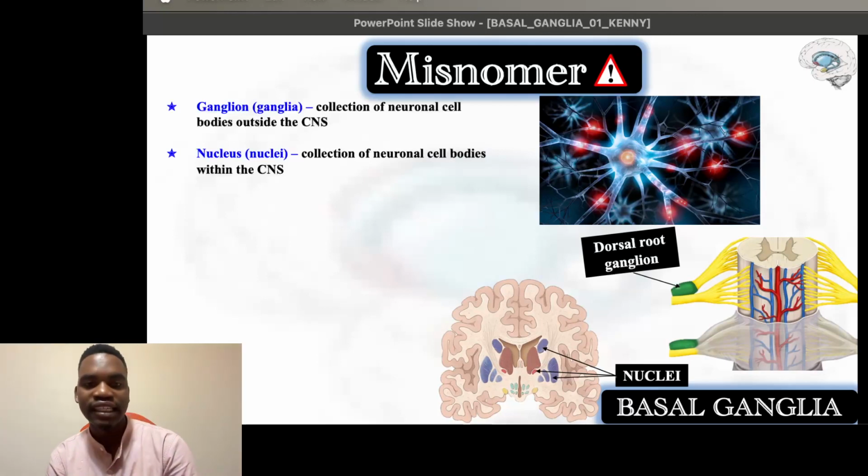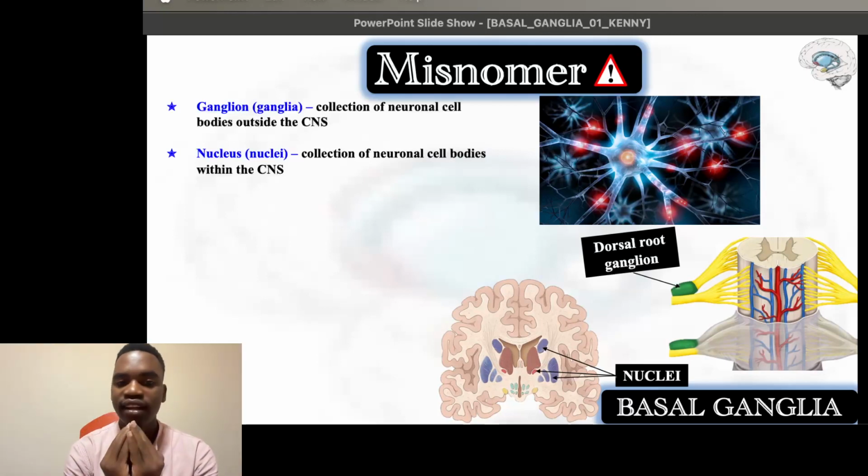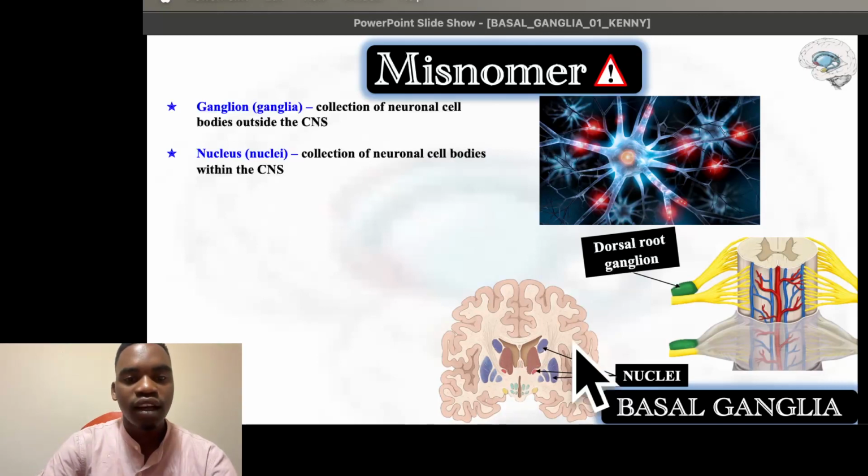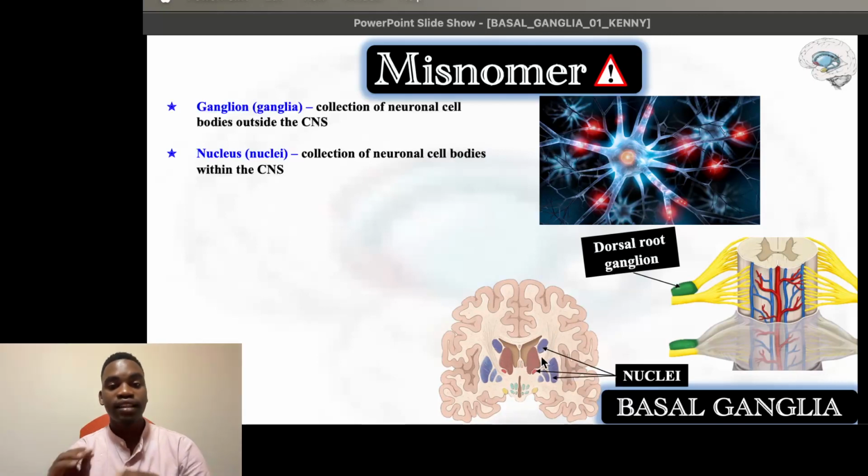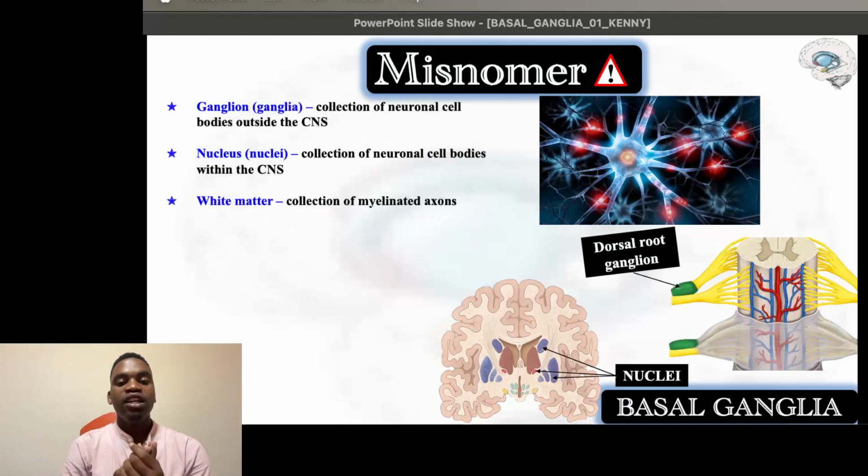What we said is that whenever you see gray matter, it is a collection of neuronal cell bodies. But in this case, these neuronal cell bodies are within the central nervous system, and this is why we call them nuclei. And no wonder white matter is a collection of myelinated fibers, the fibers with a myelin sheath.